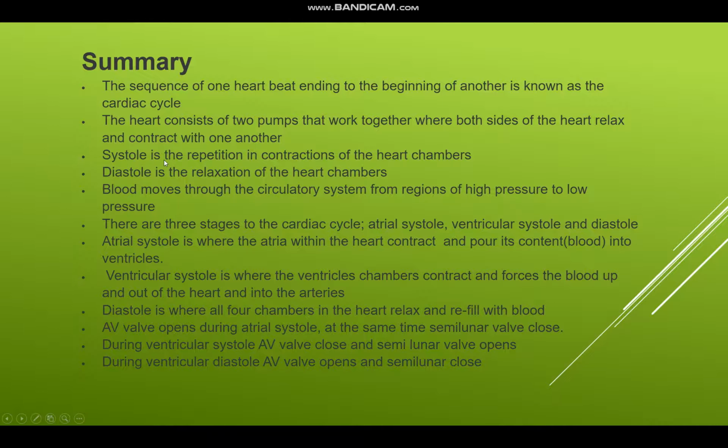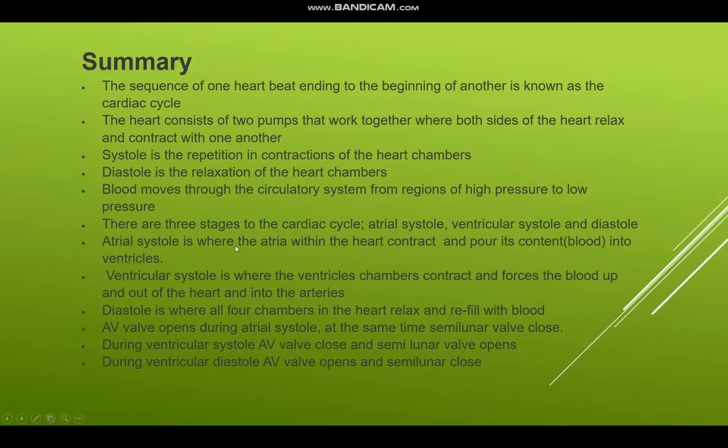Systole is the contraction of the heart chambers. Diastole is the relaxation of the heart chambers, during which they are filled with blood. Blood moves through the circulatory system from regions of high pressure to low pressure. There are three stages to the cardiac cycle: the atrial systole, the ventricular systole, and the diastole.